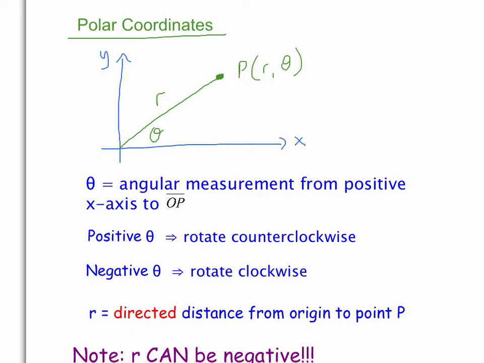So in this case, since we rotate counterclockwise a particular angle to get up to the terminal side of this particular radius, that's our angle theta. And as with trigonometry, when you rotate counterclockwise, you will always have a positive angle, but when you rotate clockwise, you will always have a negative angle.